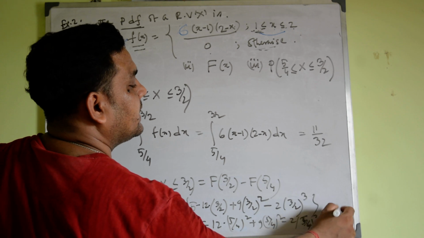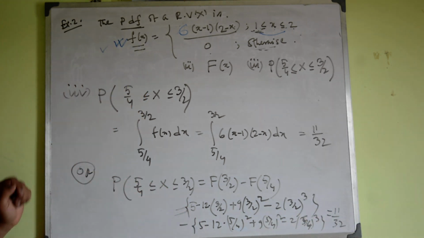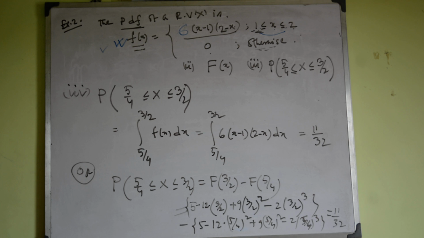You calculate it and again you will get 11/32. So you can calculate this either way, and in that way you can find the probability that x lies between 5/4 and 3/2.